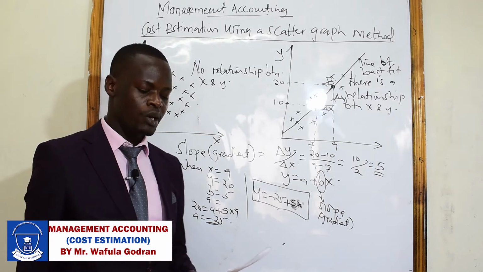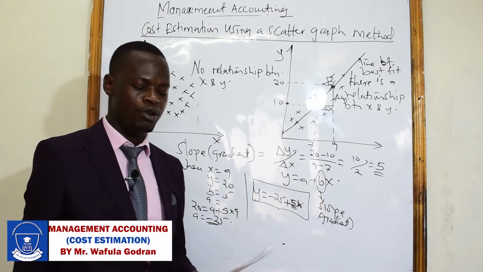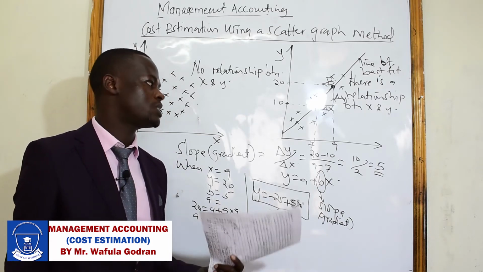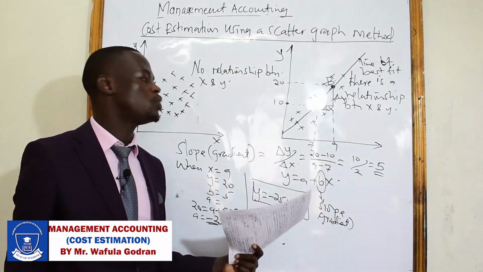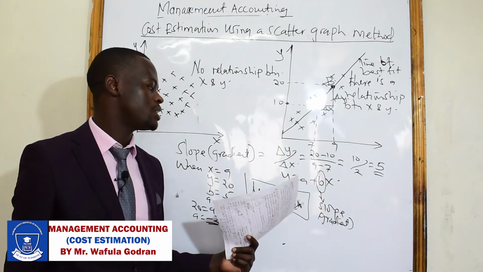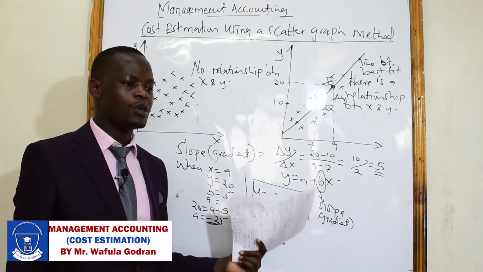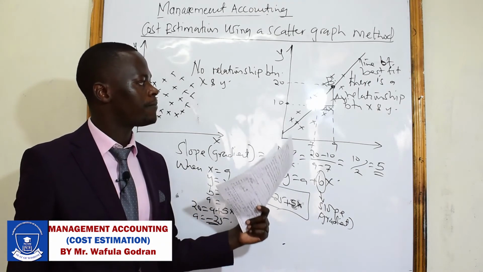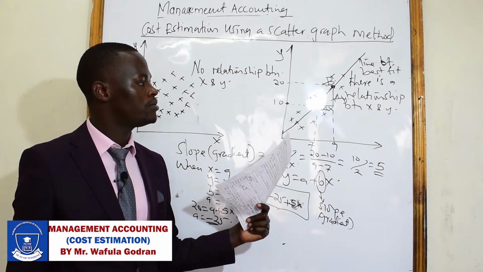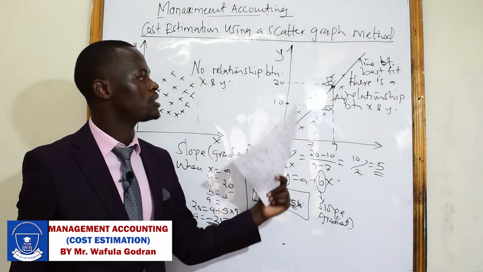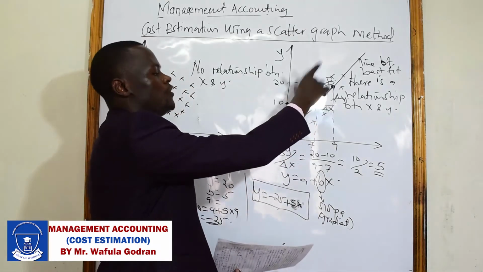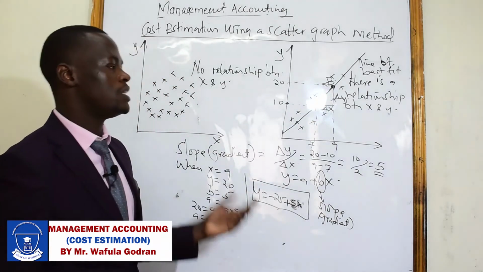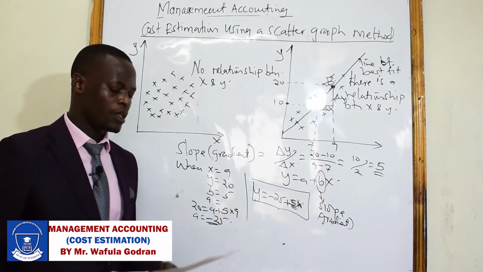Number two, we cannot measure the size of probable error. Actually, we cannot tell, because if somebody picked different points, he is going to come up with a different gradient, because the gradient changes. If we drew a line that passes through different points, the gradient is likely to change.